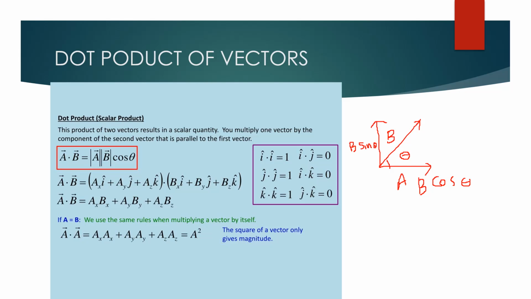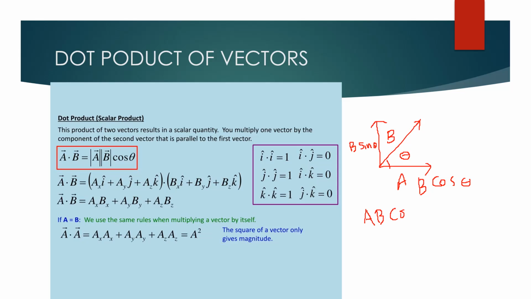Now, if I take this product along the same line, that is, A is along the x and B cos theta is along the x. So, if two vectors are parallel or acting in the same line, then if we multiply, what do we get? A into B cos theta. A multiplied by B cos theta is AB cos theta.